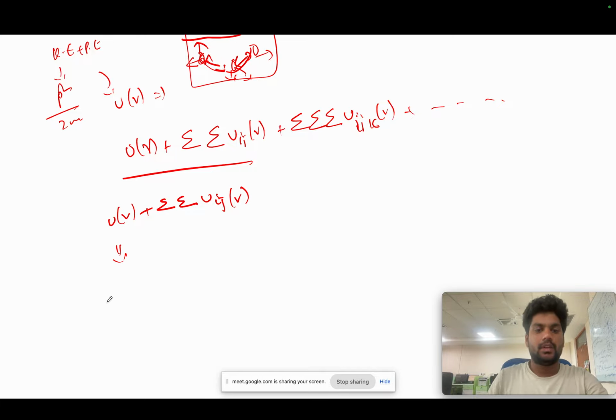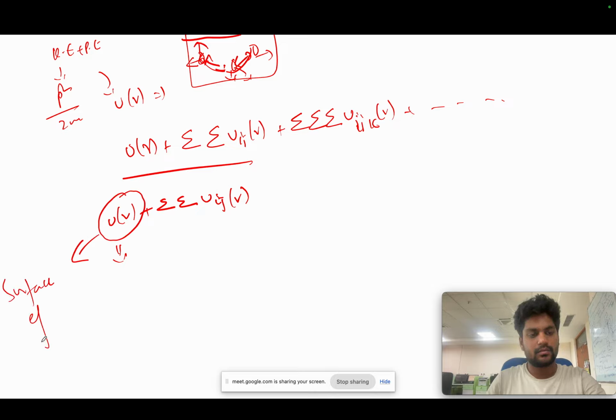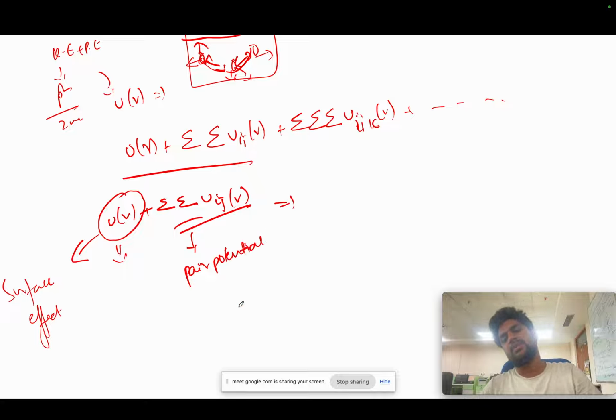This is called the surface effect, where the molecule can go and interact with the surface, where it collides with the surface, and the other is nothing but the pair potential. Scientists have done many experiments to find out this pair potential. One was the hard sphere pair potential.